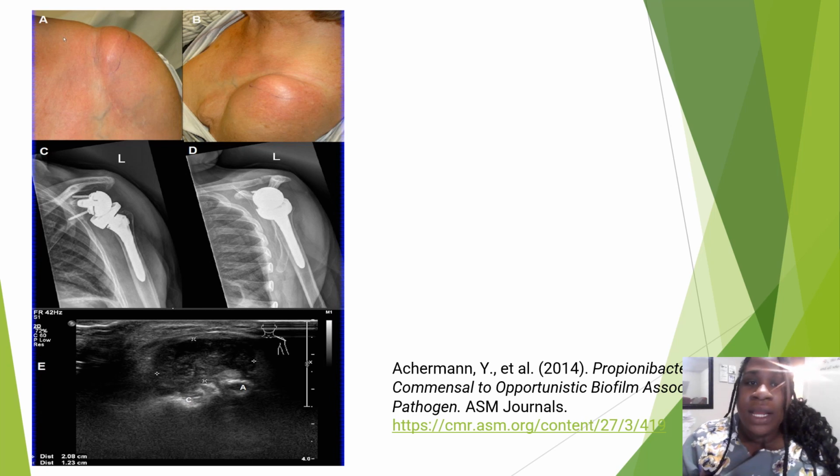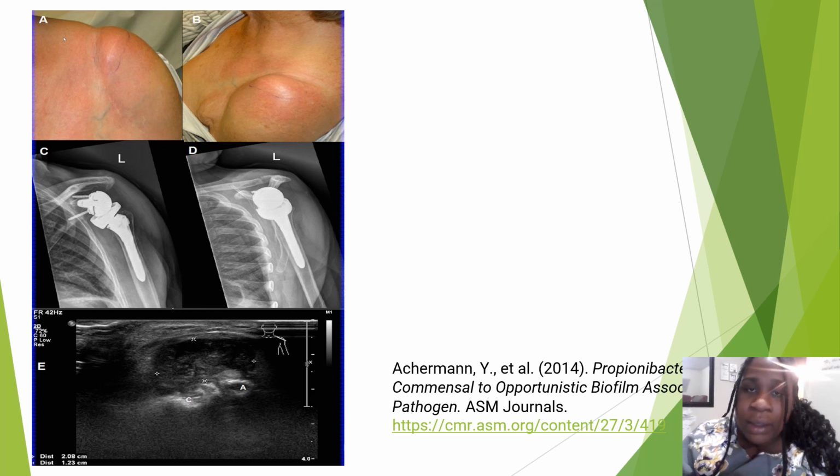In A and B, you can see the sudden swelling and pain above the left joint without radiological signs of loosening of the implant. In C and D, you see a large fluid collection. P. acnes was cultivated in 2 of 2 joints, 1 of 3 tissue biopsy specimens, and the sonication fluid of the mobile part of the implant.